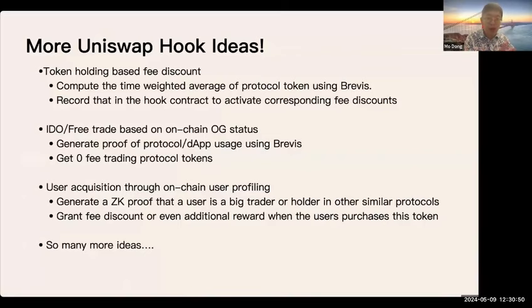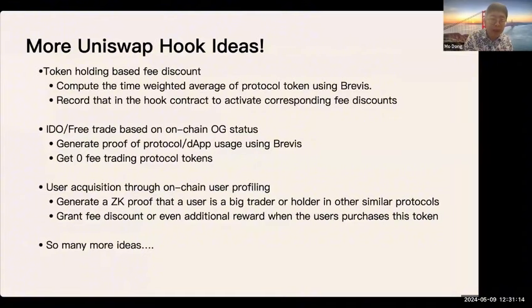Because we're not proving function calls, we're proving the entire blockchain state and all the transactions that happened in the past. So even if there is a state variable that is private and not exposed by any public function, you can still access it very easily using Brevis.